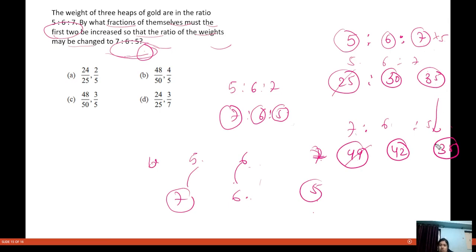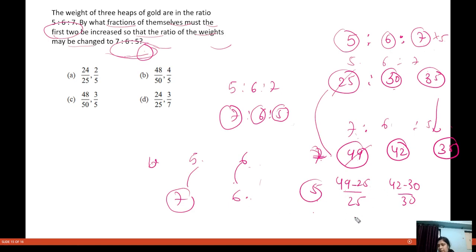Okay, now you got the ratio, but it is asking by what fraction of themselves the two must be increased so that the ratio may be changed to this. So you will do 49 minus 25 divided by 25, and then 42 minus 30 divided by 30, because it asks by what fraction of themselves.